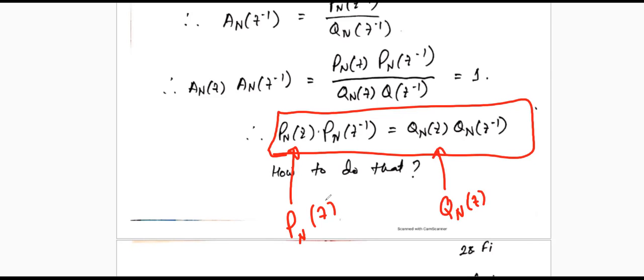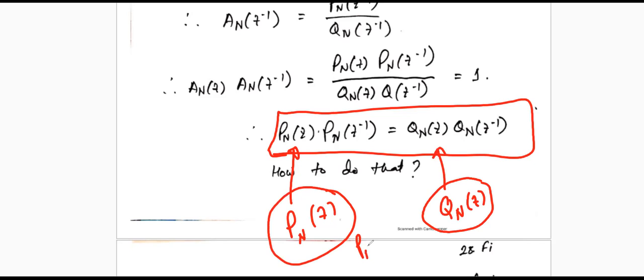If you can find P_n(Z) and Q_n(Z), in future we can find some relation between these two. Then of course you can find P_n(Z^-1) and Q_n(Z^-1). This is very obvious.